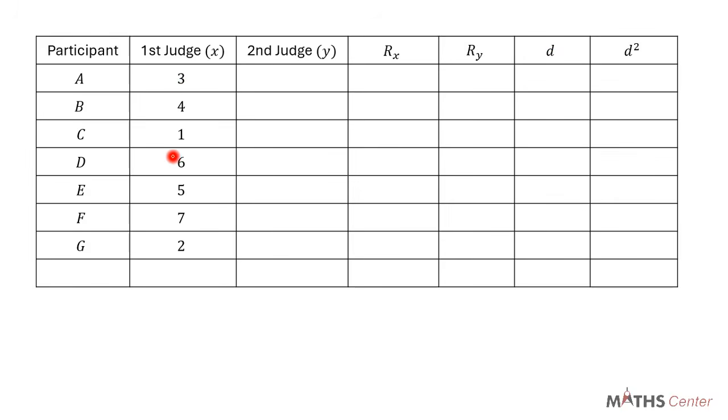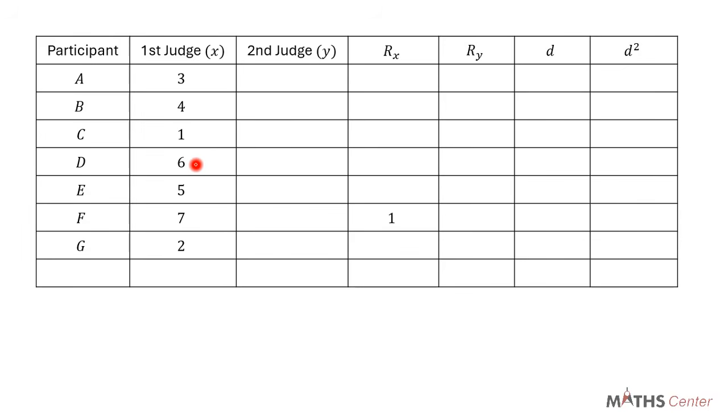These are the scores for the first judge, and these are the scores for the second judge. Let's rank the scores for the first judge. The highest one will have a rank of 1, the one after that will be 2, and the one after that will be 3, and so on, just as we have been doing. When we look through them, the highest one is 7, so that will have a rank of 1.